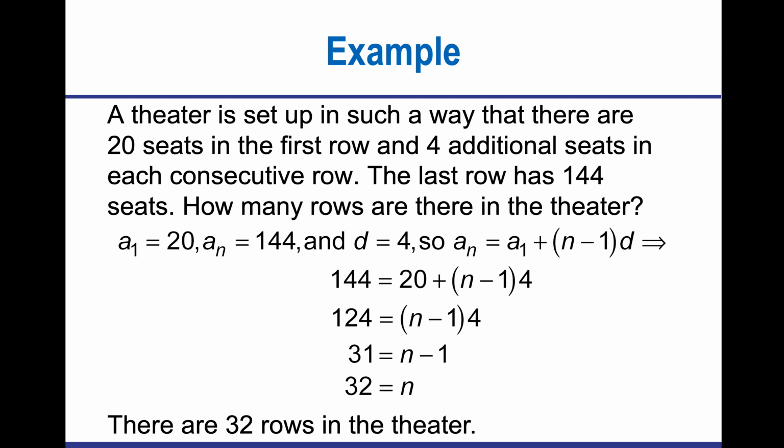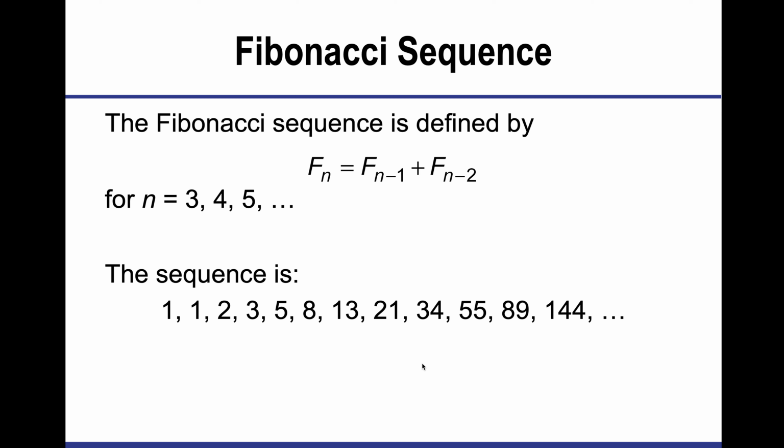I'm adding 4 seats each time because there are 4 additional seats, so when I plug in this value, I get 32 equals n, because I'm going to take 20 plus n minus 1 times 4. I'm going to subtract 20 to get 124 over here. I'm going to divide by 4, and then I'm going to add 1. So that's the process you're following with that linear equation.